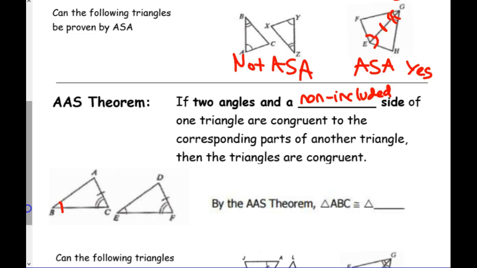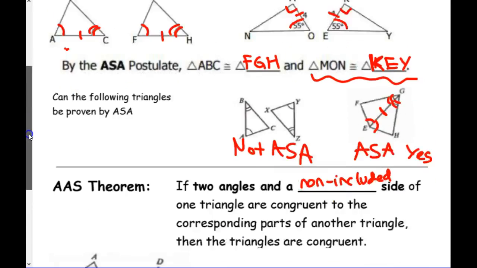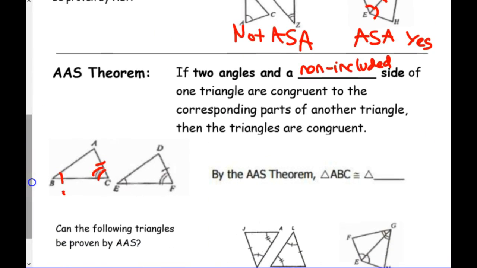Angle, then an angle, and the side is after it, not between it. The side is not labeled between it, it's after it. Angle, angle, side. So you go in the order around the edge to get that.